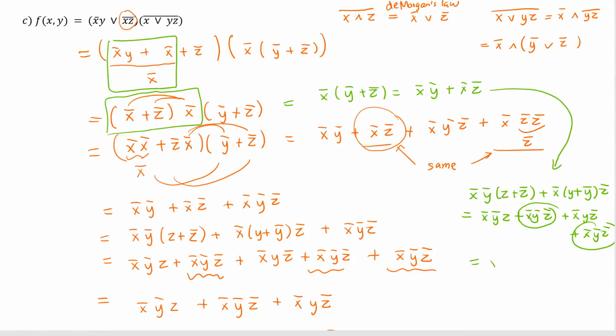We can combine them, so we have x bar y bar z plus x bar y bar z bar plus x bar y z bar. Do we have the same? Yes, it's the same. See, sometimes if you realize there's some problem about intersections and unions, feel free to use them. It might shorten your work.